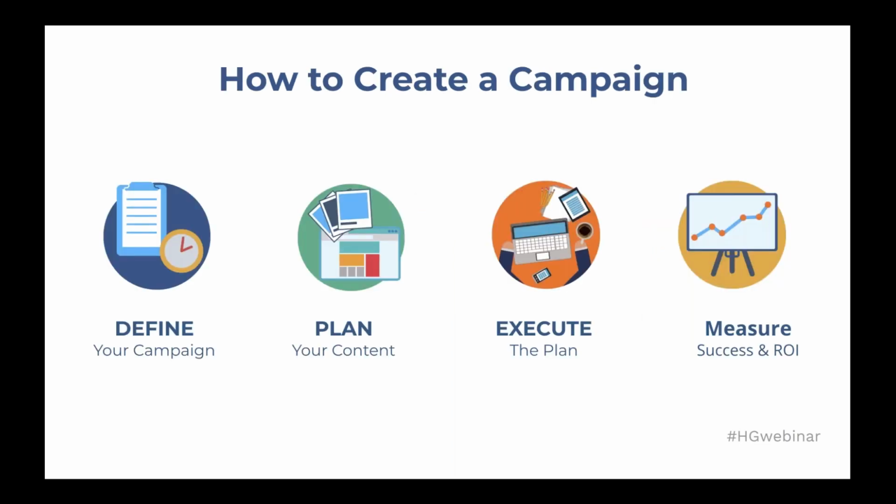So today we're going to go over some basic steps in how to create an amazing holiday campaign. But like we said earlier, this is a process you can follow year-round, no matter when you want to run a social media campaign. In part one, we'll define your campaign by determining a campaign goal and concept. In part two, we'll talk about planning content for the campaign, from creating an editorial calendar to copy and graphic creation.